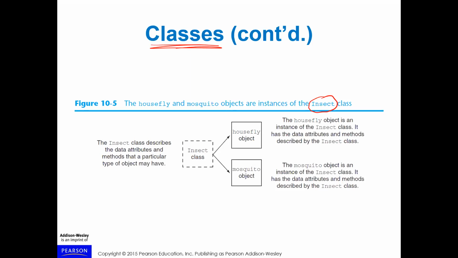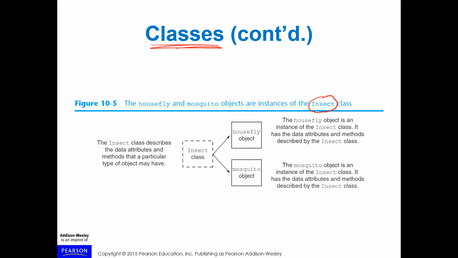You know they'll have similar things like size and speed, and the methods would be like how fast they flap their wings, if they have wings. So you can see it's pretty straightforward what you have available. The main concept of object-oriented programming is quite simple.